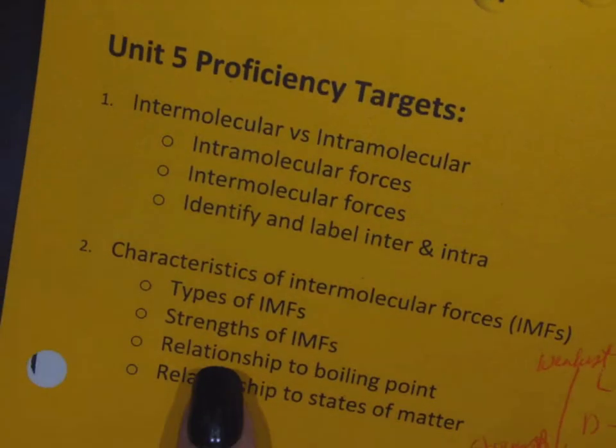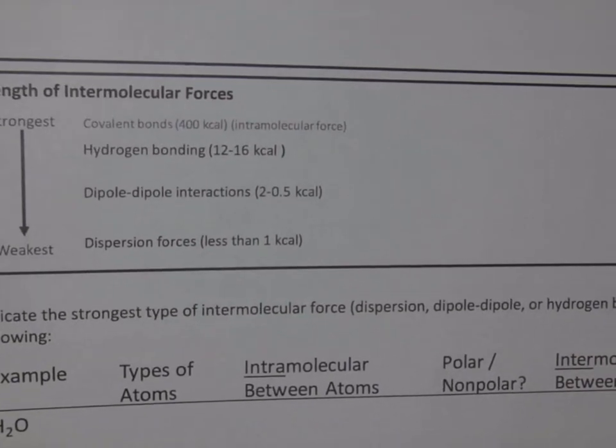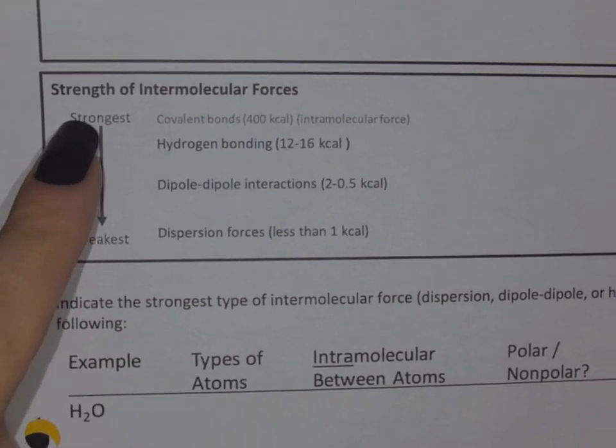Next, we're going to talk about this relationship to boiling point. So in your packet, we're going to turn to page 15. Okay, so everyone, I want you to turn to page 15. Oh, and see on page 15, it discusses the strength again.